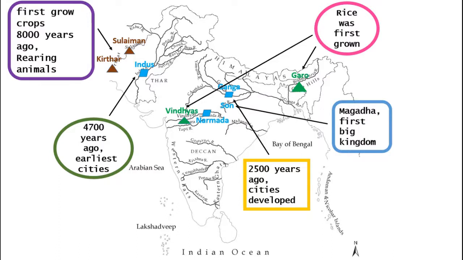Magadha was the kingdom of the Mauryans, Ashoka Maurya, if you remember, Samrat Ashoka. We'll study about him in the next few chapters. So in this chapter, you only have to remember that the very first big kingdom, Magadha, was established near the River Son.